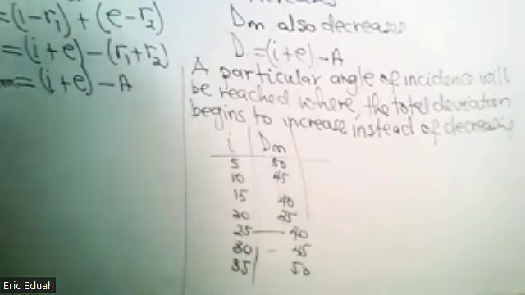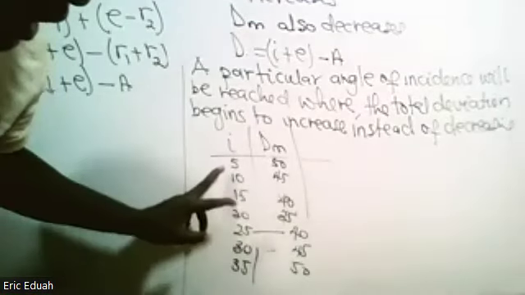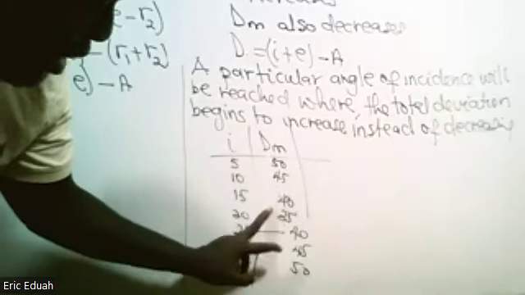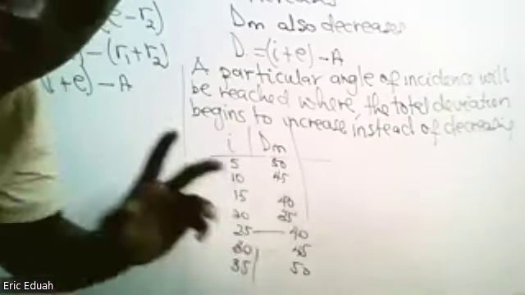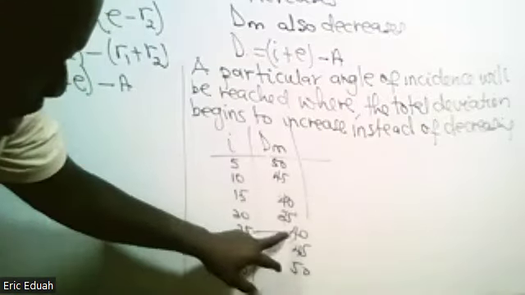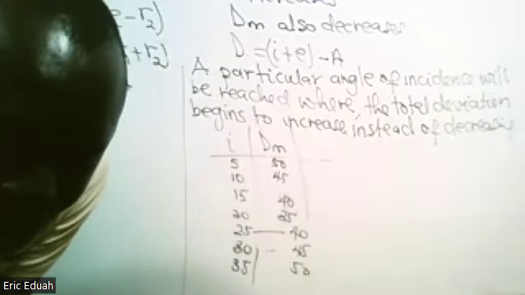So it has been reversed. As this increases, this has to decrease. But there's a particular angle of incidence which will change the trend, so that dm begins to increase instead of decreasing.